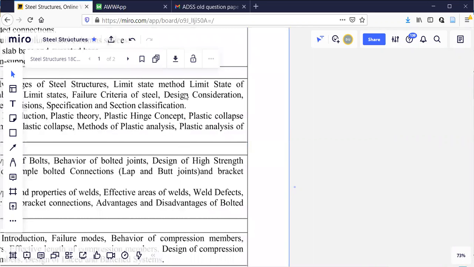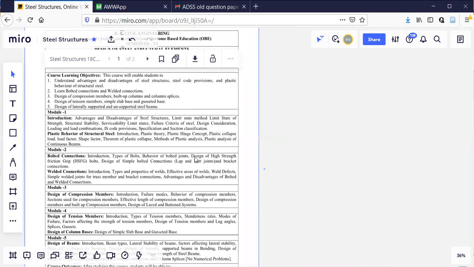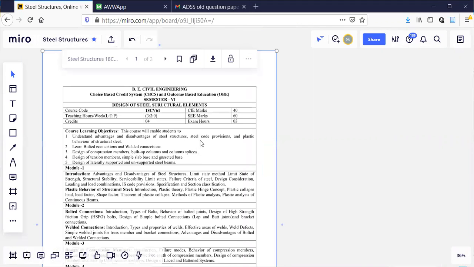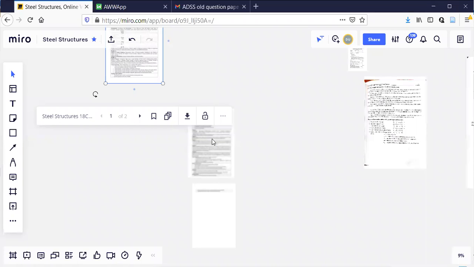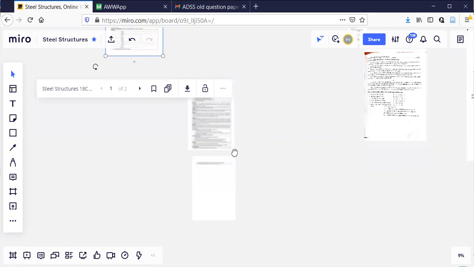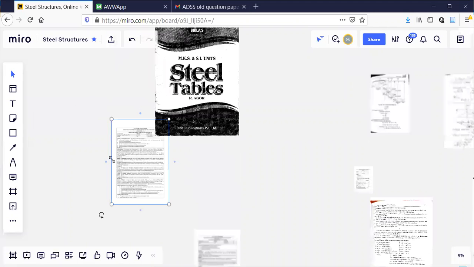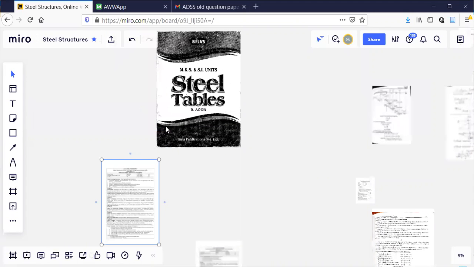This is, I think, 6 and steel structure it is. Today I'll just show you what is what, and we can always see.